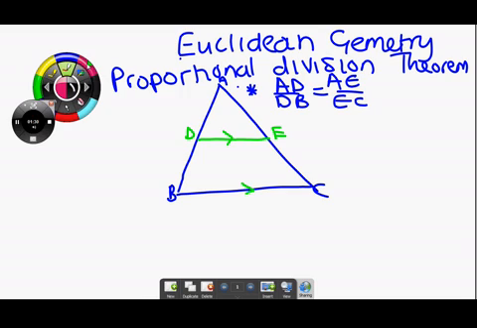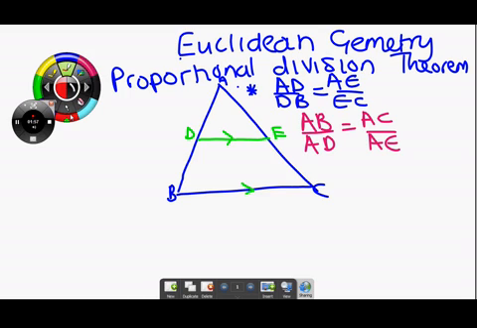You can also have AB, the long one, over AD is equal to AC over AE. And they are all proportional division theorems.